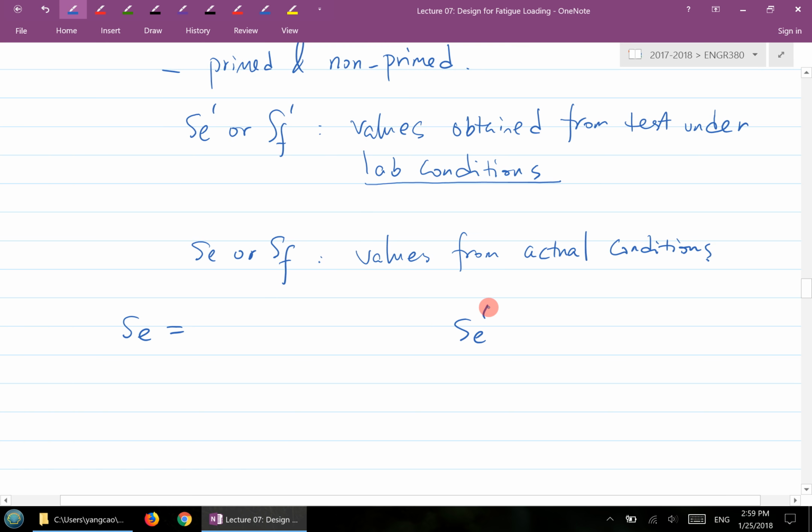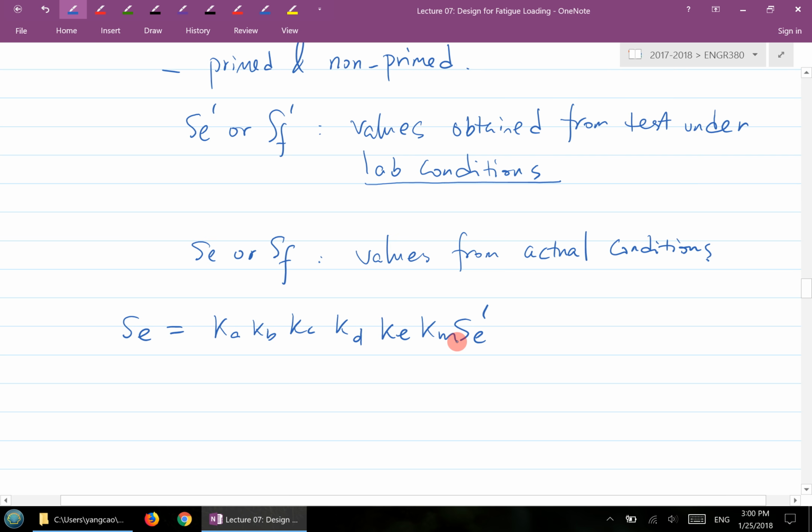We have lab condition results, and then we obtain Se by applying a series of so-called modification factors in front of Se prime: Ka, Kb, Kc, Kd, Ke, and Kf.